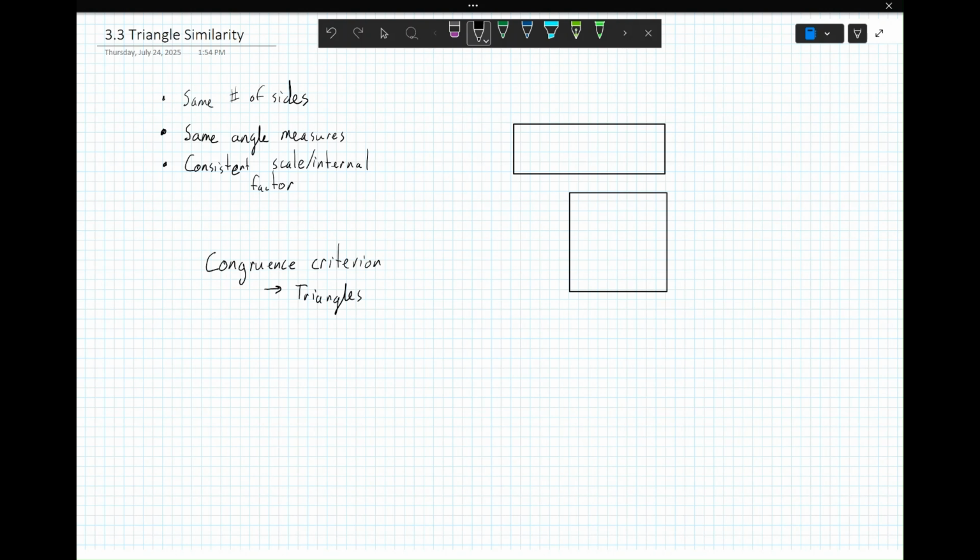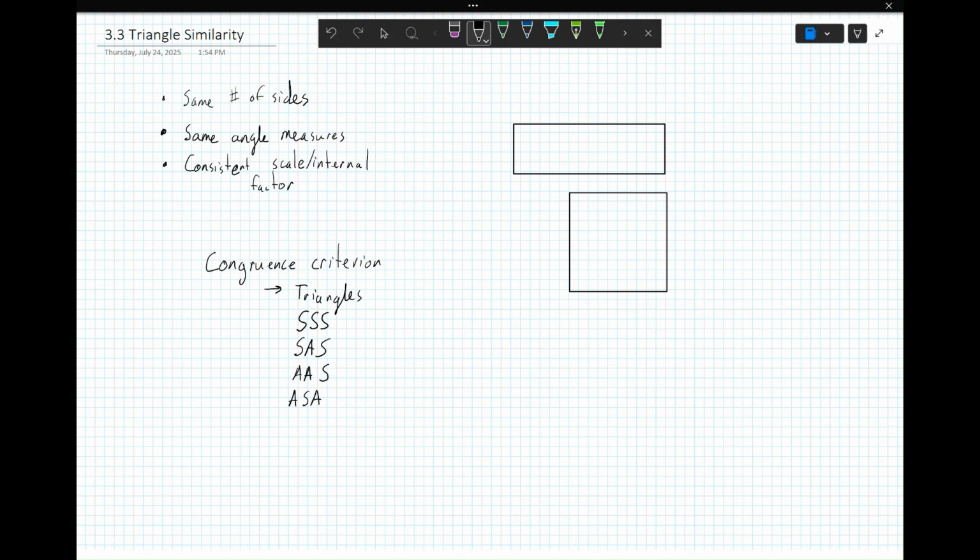The congruence criterion for triangles were side, side, side. They were side, angle, side. Angle, angle, side, and some people consider angle, side, angle as different from angle, angle, side. I personally don't, because in either case you end up knowing all three angles. But either way, these are congruence criterion.